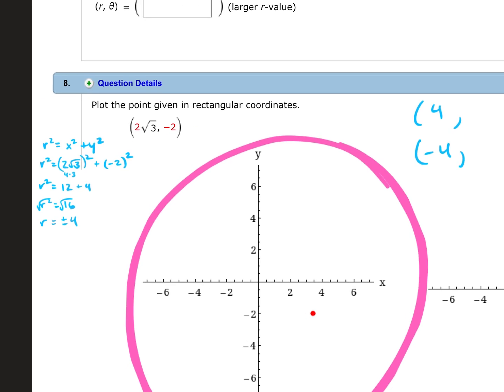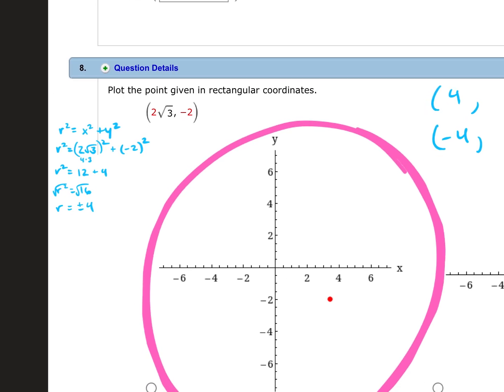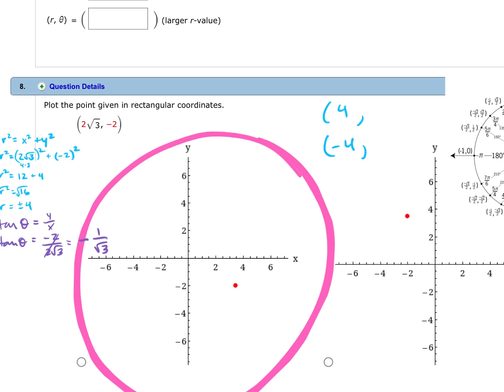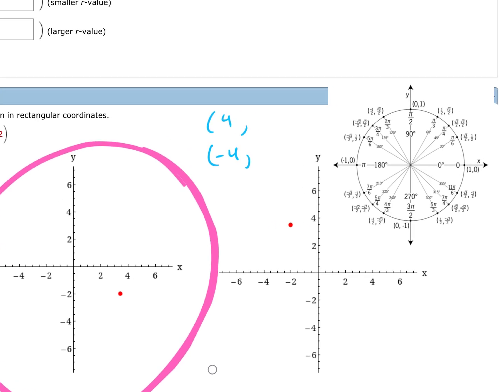Now let's find our theta. Tangent of theta is equal to y over x. So tangent theta is equal to negative 2 over 2 square root 3. So this would be negative 1 over square root 3. We want to find on our unit circle where tangent of theta is negative 1 over square root 3.